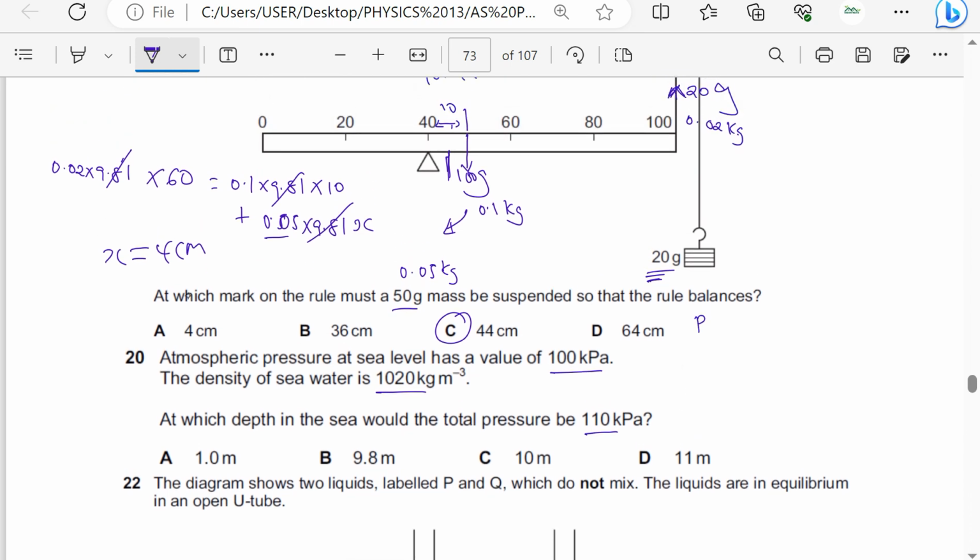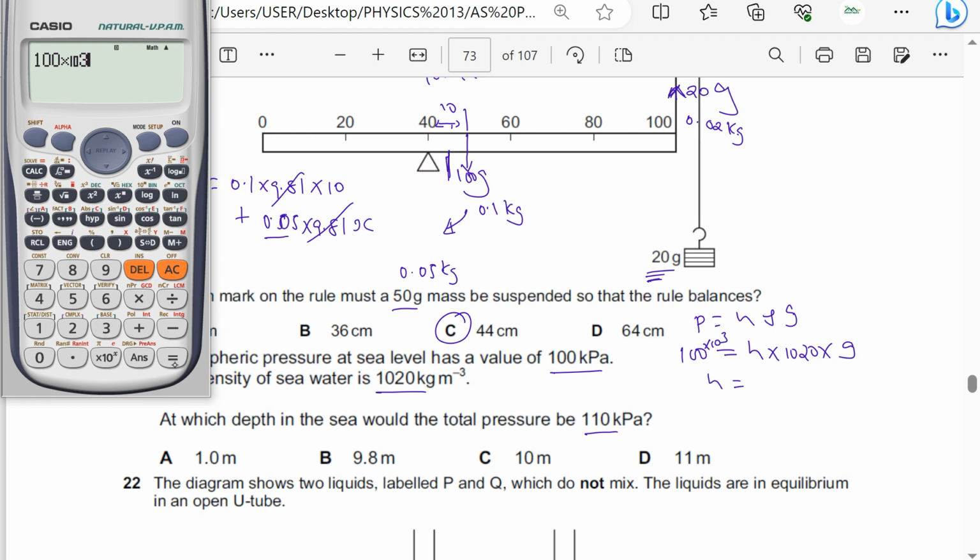Remember, pressure is depth times density times G. So using the first one, 100 kilopascals is going to be H times density 1020 times G. Using the second one, okay, here this was 100 kilopascals, so this is times 10 power 3.